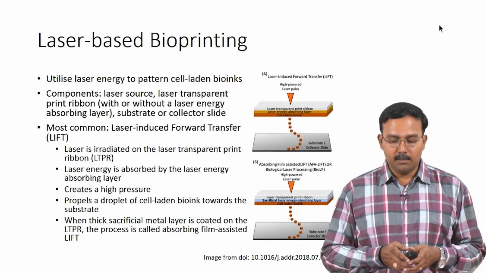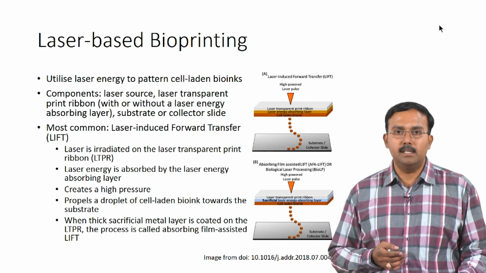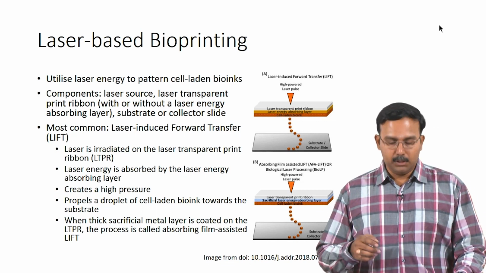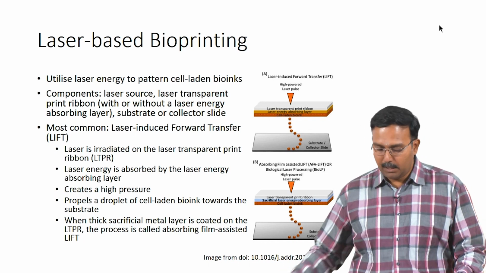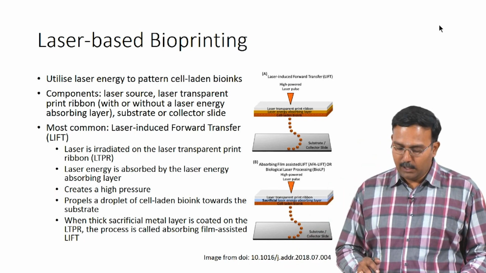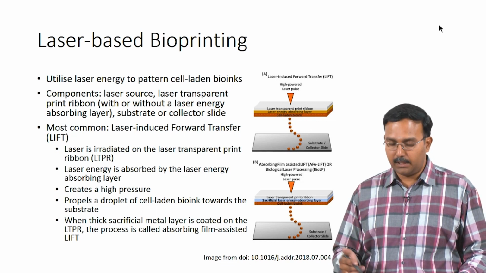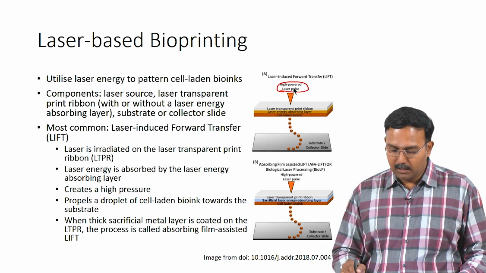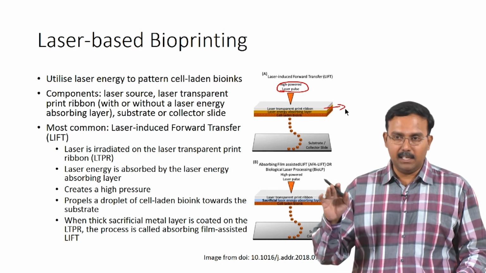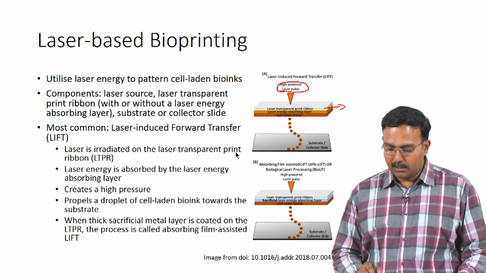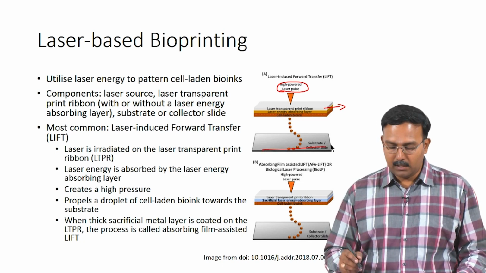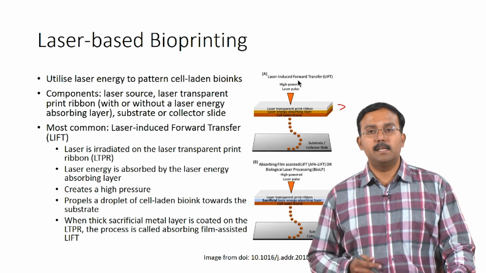This technology basically has three major components: a laser source, a laser transparent print ribbon, which can either have a laser energy absorbing layer or not, and finally a collector or a substrate. Here, this would be the laser source, and you have the ribbon on which the ink is laid, and then the substrate on which the printed ink will fall. This is what you see in a laser based bioprinter.